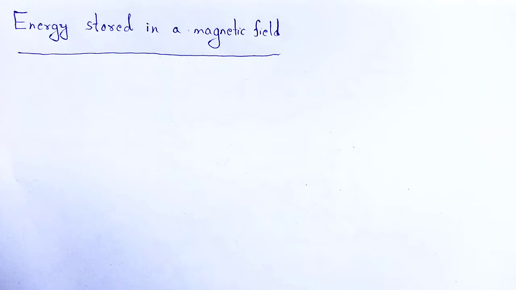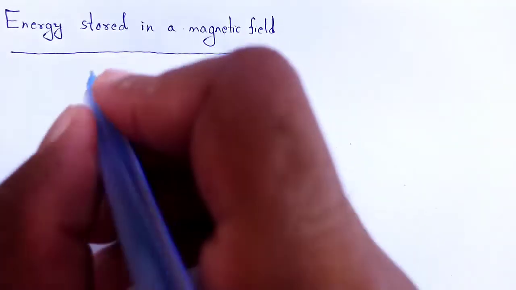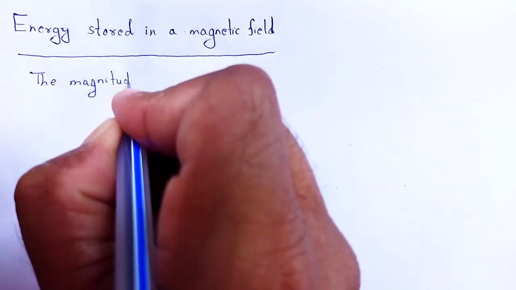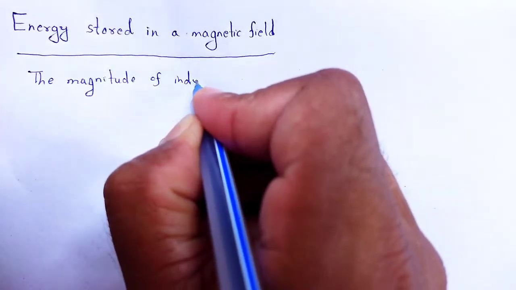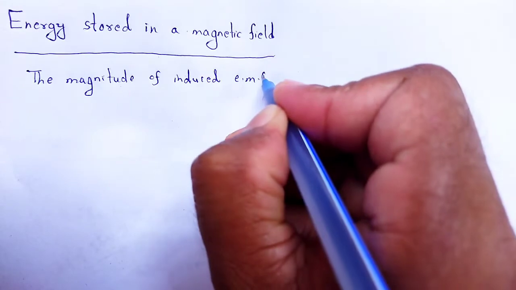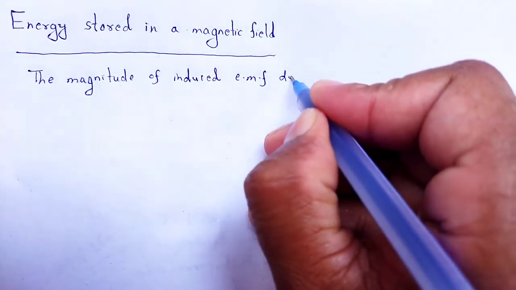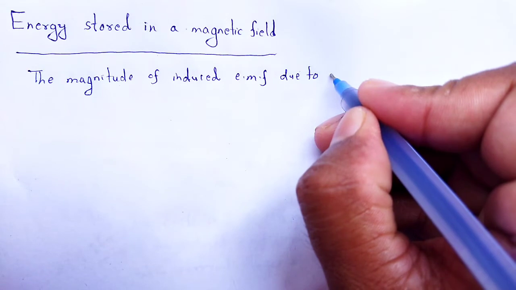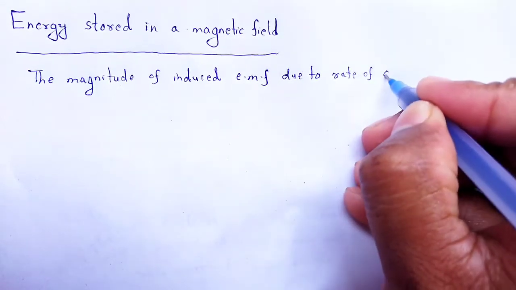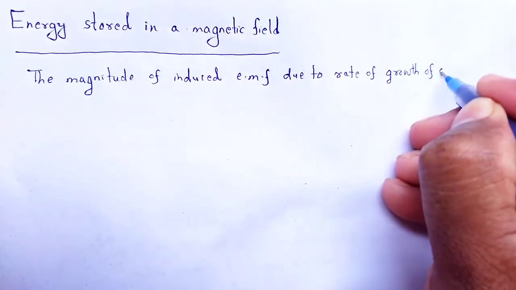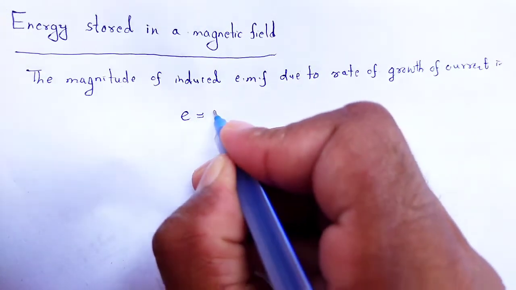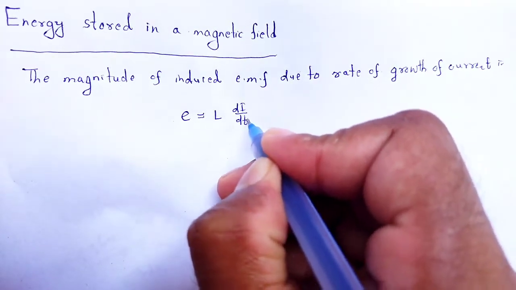Look here, the magnitude of induced EMF due to the rate of growth of current, as E is equal to induced EMF, its magnitude, that is L di by dt.